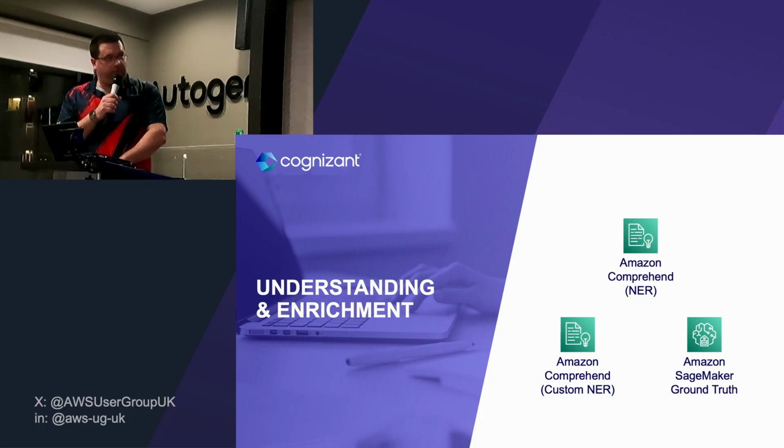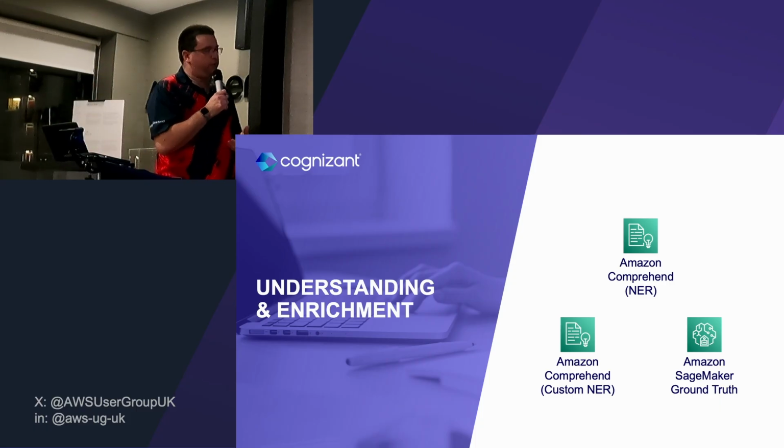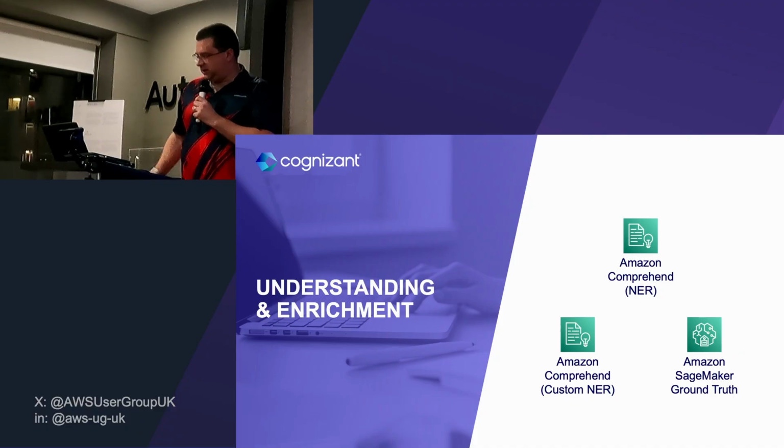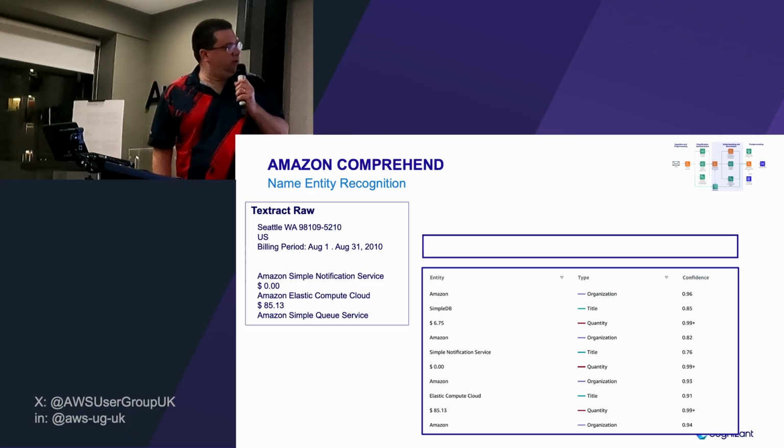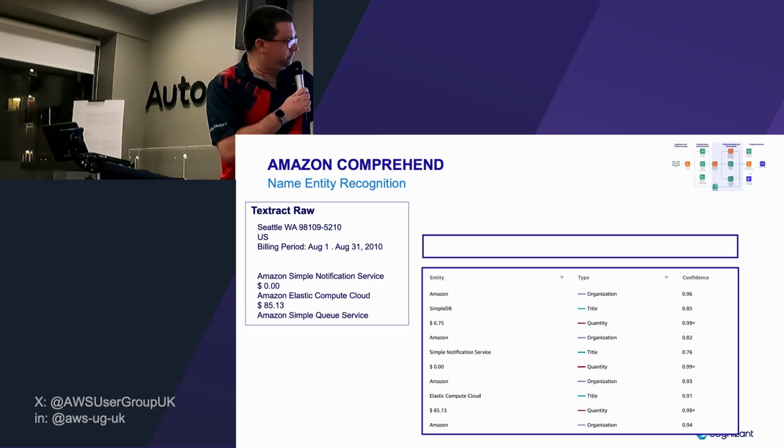So beyond that is then understanding it a little bit further and doing other bits and pieces. So, Textract raw output. This is the output you get from that bill. It's got reasonable confidence.